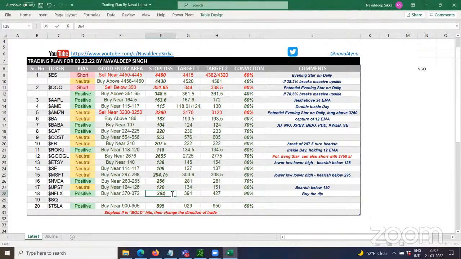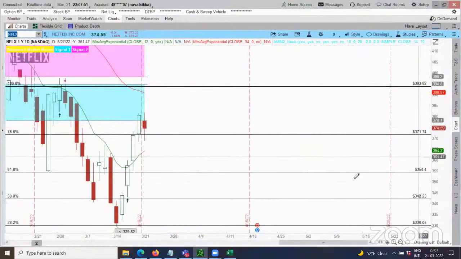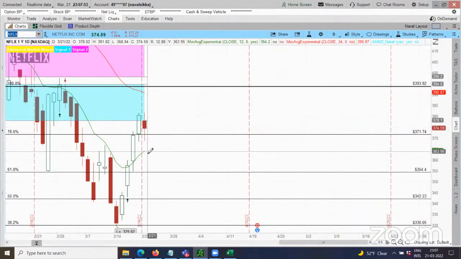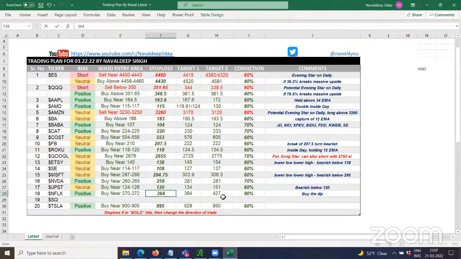Stop loss 364, and targets are still open. I'm bringing it to 70. It was looking really good in the morning. Netflix, I would love to continue and see if it holds 364.